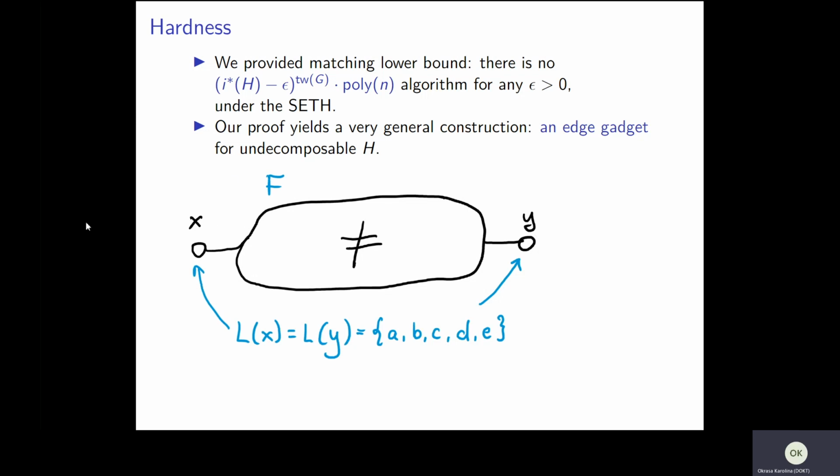So using this gadget, we can just do a standard reduction from the coloring problem. And so if H is undecomposable, we just take the I of H coloring, because I of H is the size of the biggest incomparable set, and we just take an instance of this I of H coloring and replace each edge with this edge gadget.